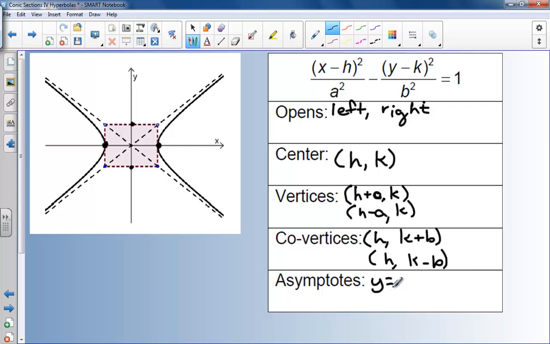And for this, we are going to be using our calculators to find this characteristic. But the equation for this, it's going to be b over a, and then my linear function, x minus h plus k.